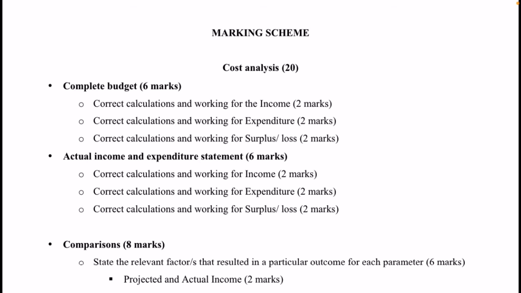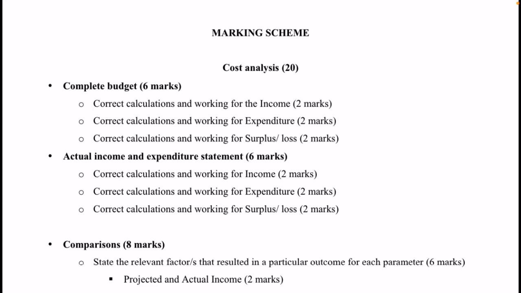Now let's look at the marking scheme. This section of the SBA is marked out of 10. However, it is recommended that teachers up the grade to 20 and then divide it by 2 to have a final mark.